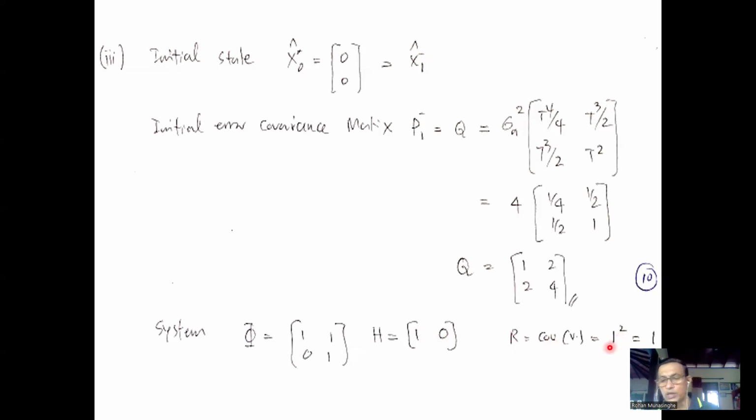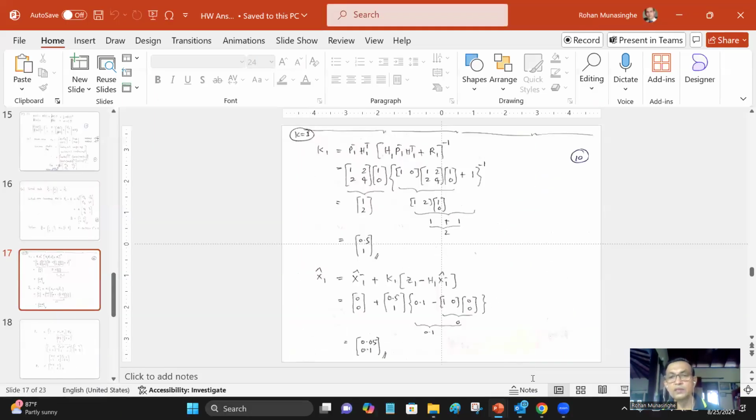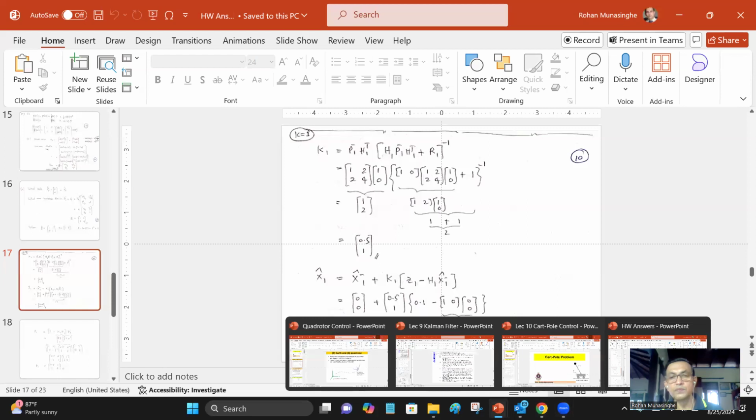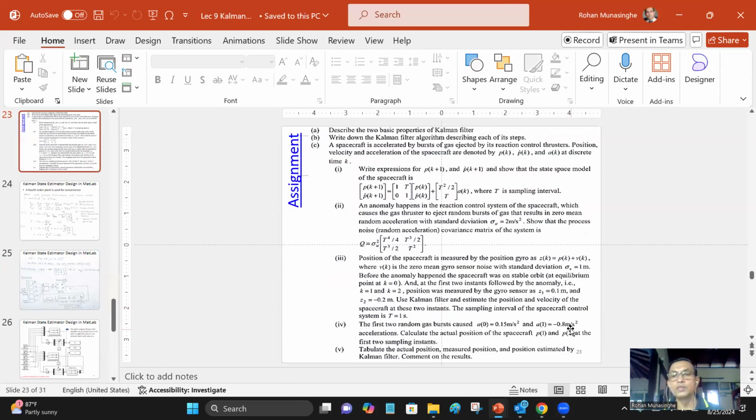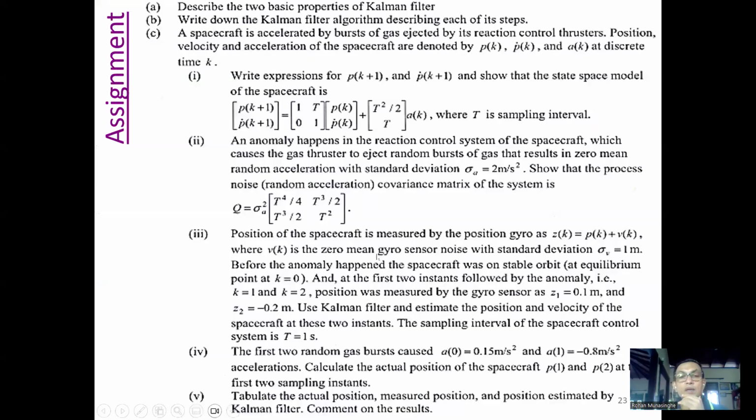Is it 1 or 0.1? If I go back to the question, 1 meter, right? Look at over here. Sensor noise with standard deviation of 1 meter. Okay.